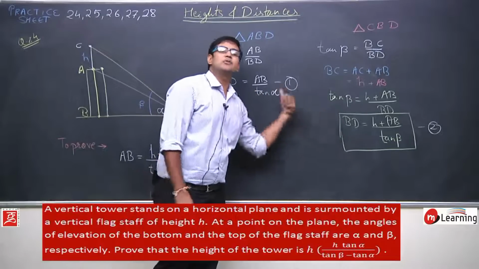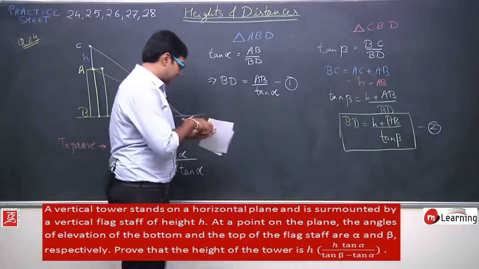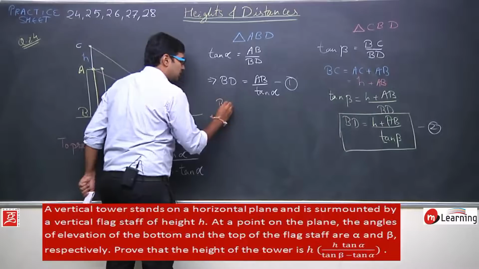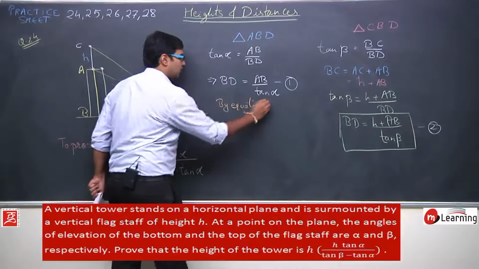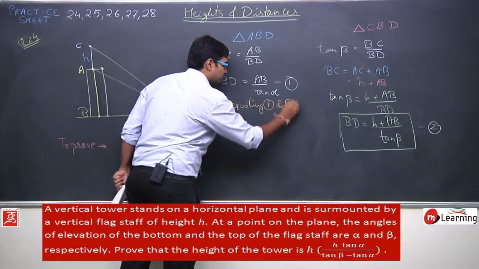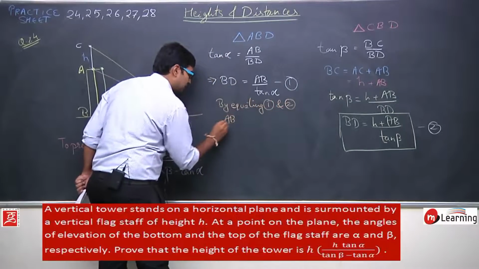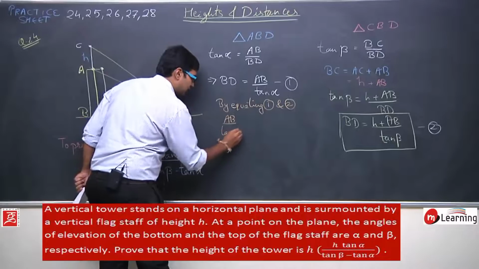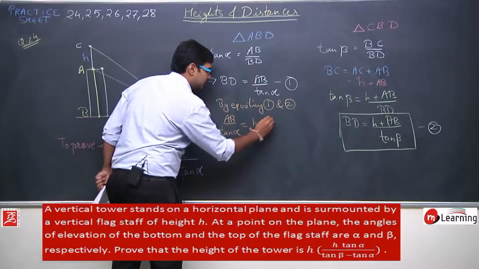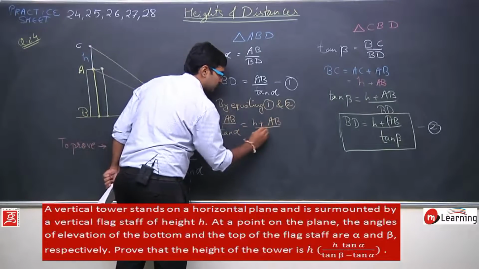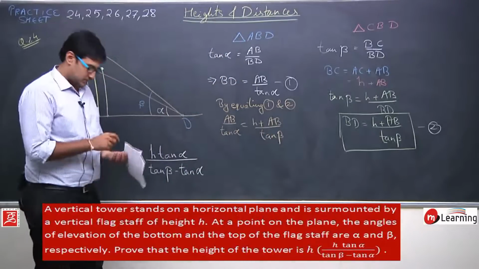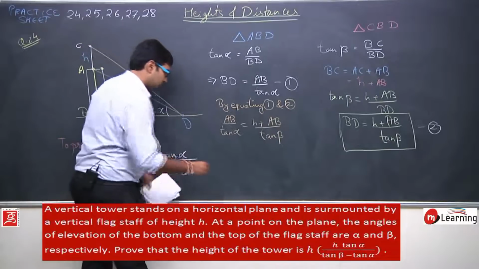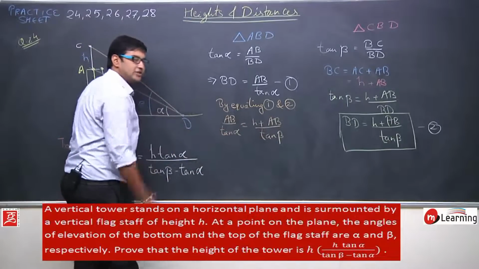Therefore I can equate both equations. By comparing equations 1 and 2, I will get AB upon tan alpha is equal to H plus AB upon tan beta.